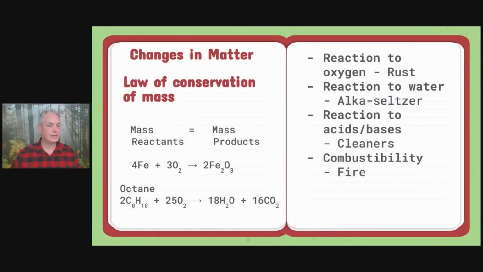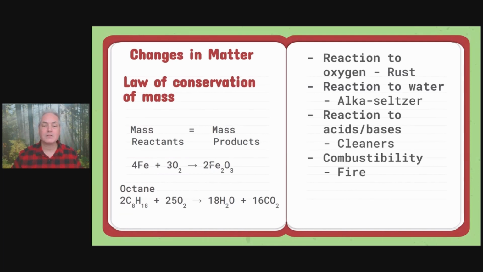So if you look here at this one, I have iron that was part of my hammer that got involved with oxygen. So we have 4 particles of iron that reacted with 3 particles of oxygen, and this created a new substance.